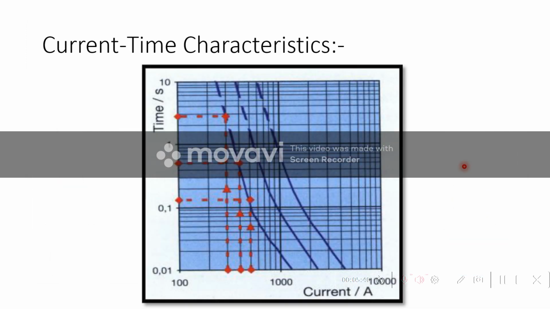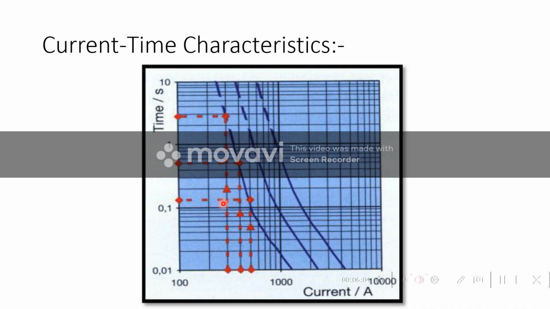And this is the time current characteristics. Time current characteristics is nothing but, for a small value of fault current, we can take this point. For 200 amperes, 300 amperes, it takes about 3 seconds. You can see from this graph.